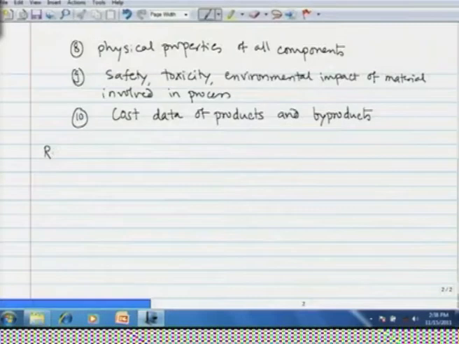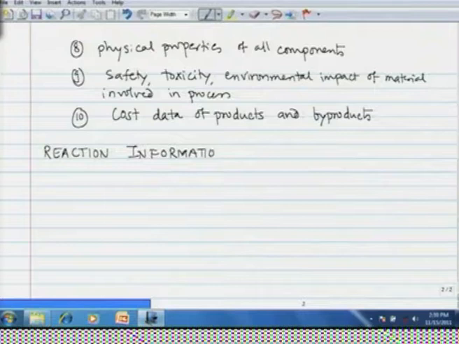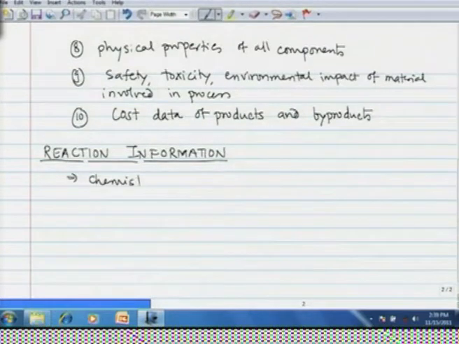The first is the reaction information. Now, as I said, we need to know the chemistry of the reaction very well, the chemistry of the process.